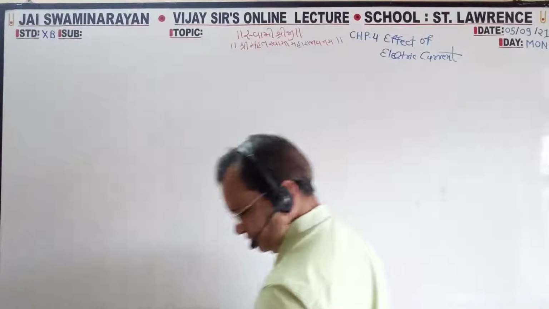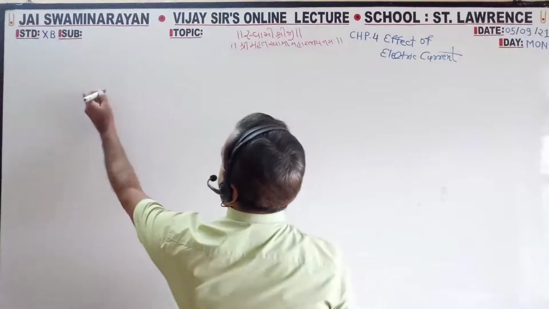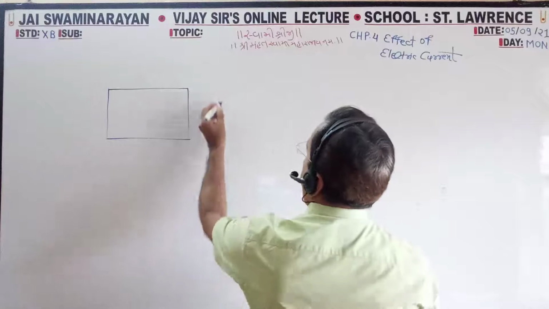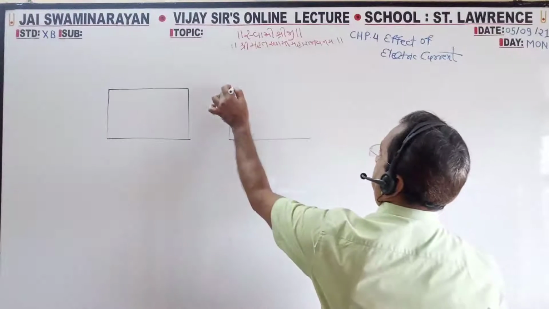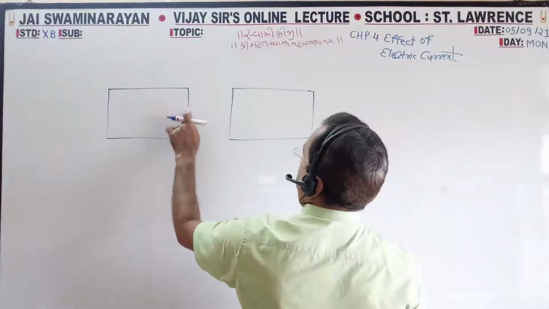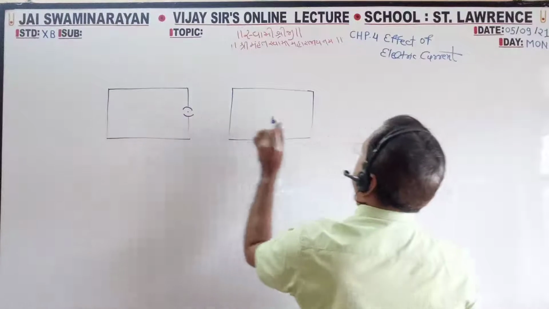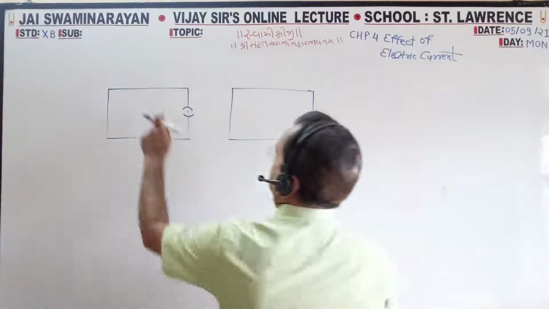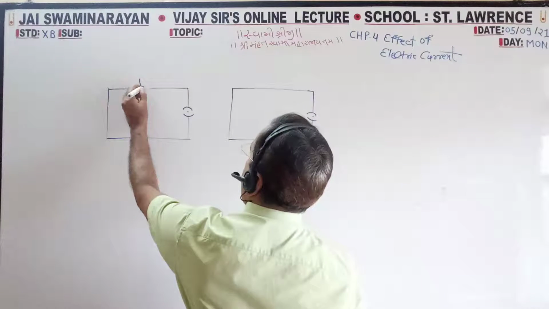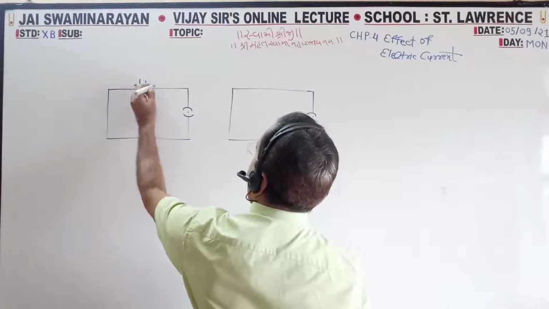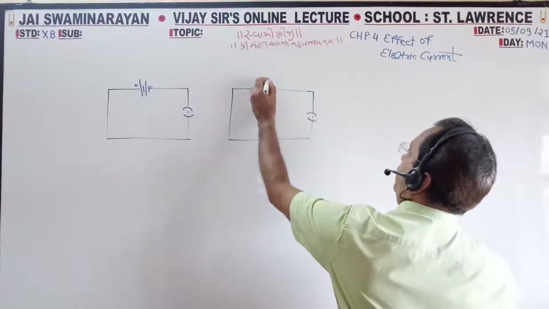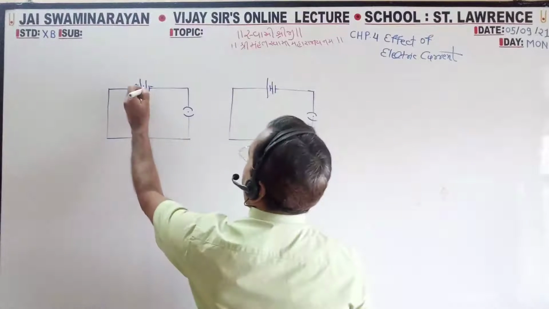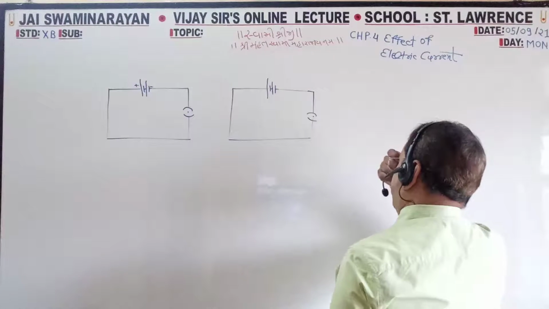So first, if the circuit has a plug, switch, and battery with positive and negative terminals. When there is only one it is known as a cell, and when there is more than one it is said to be a battery.